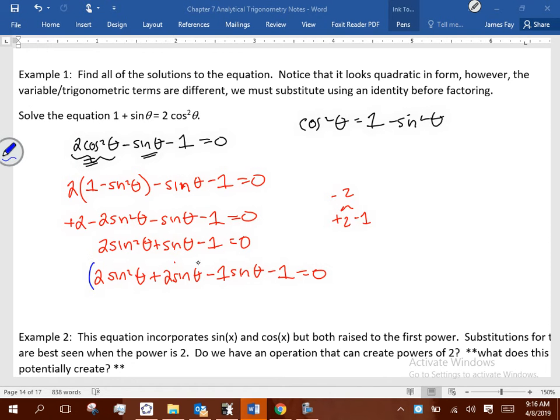Can we group these two and group these back two? Out of the front two, 2 sine comes out. That's going to leave you with sine plus 1. And out of the back two, it'd be negative 1, right?